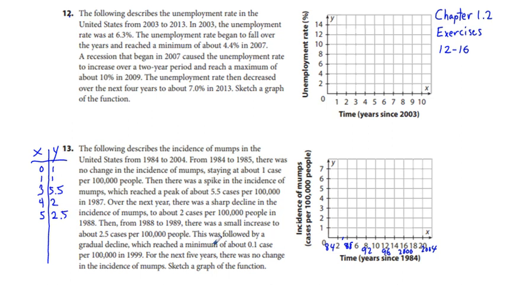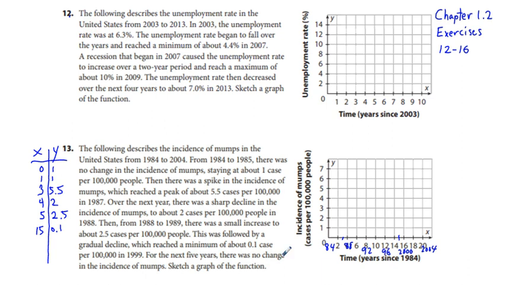And then this is followed by a gradual decline, which reached a minimum of about 0.1 case per 100,000 in 1999. So where is that? Well, 2000 is 16, so 15 is going to have to be 1999, and we have about 0.1 cases per 100,000.